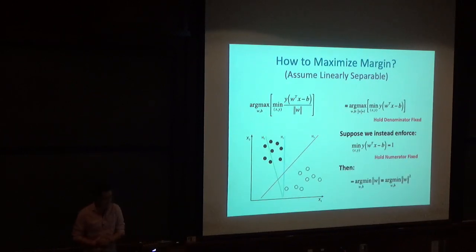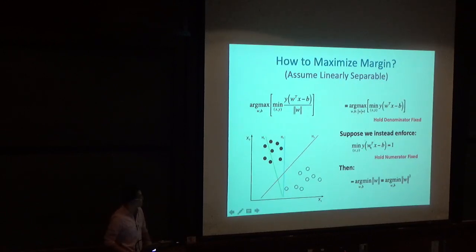If that's the case, then in this optimization problem the numerator just equals 1, and we're simply finding the W that maximizes 1 over its norm, which is equal to minimizing the norm of W. That's down here.